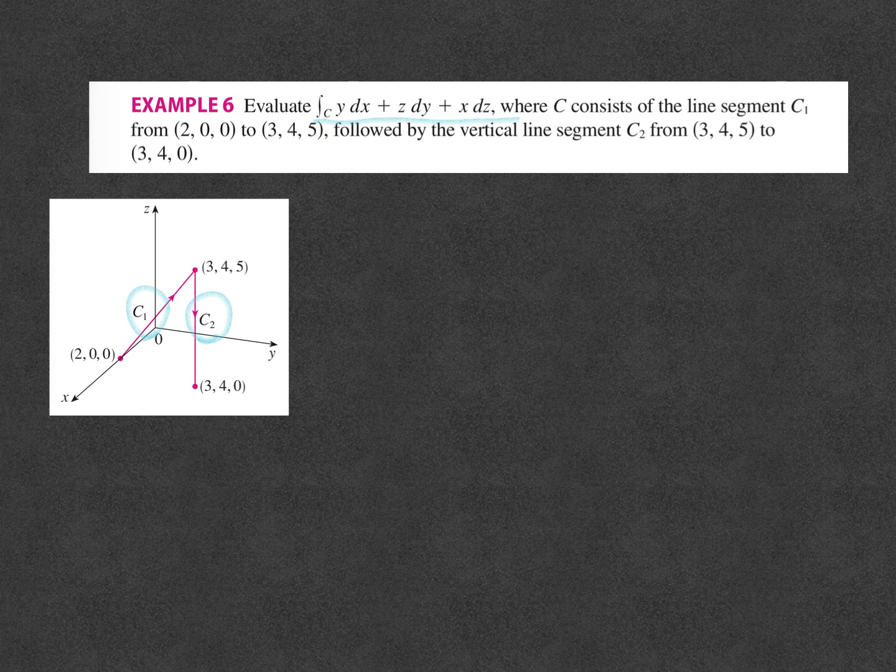So let's start off with C1, and we need the parametric equation. And if you think about the fact that you're going from these values, we built it this way. So we said that x equals, the difference between the x's is positive 1. So we're going to say 1t plus 2. You could pick either point, but I'm going to pick the first point. Y equals 4 minus 0 is 4t plus 0, and z equals 5t plus 0.